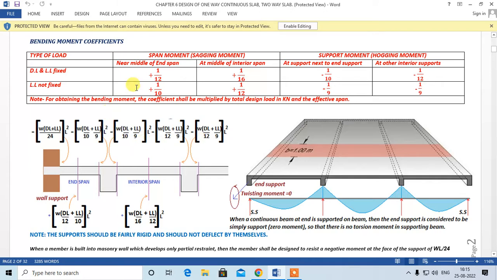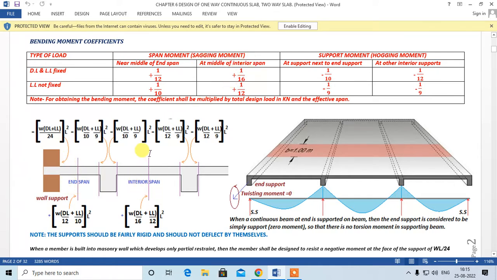Now these are the span moments, that is sagging moments. Sagging moments we take as positive because in that case tension is at the bottom. So near the middle of the end span, and near the middle of the interior span.